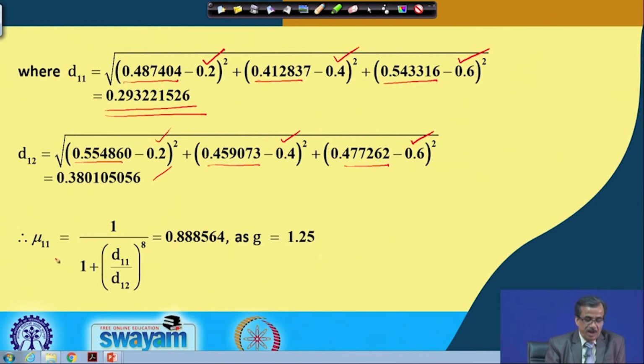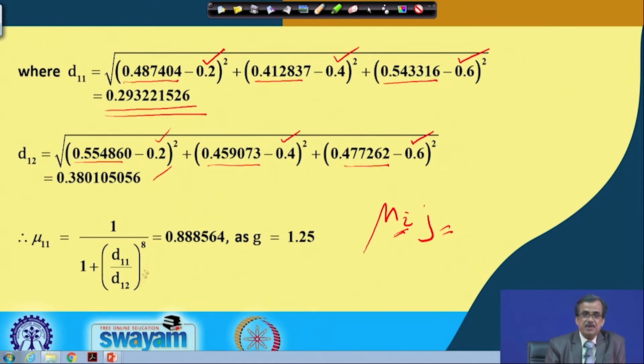Now, I can find out mu11. Let me once again repeat: mu ij is the membership value of the ith data point with the jth cluster center. Similarly, the membership value of the first data point with the first cluster is nothing but 1 divided by 1 plus d11 divided by d12 raised to the power 8.